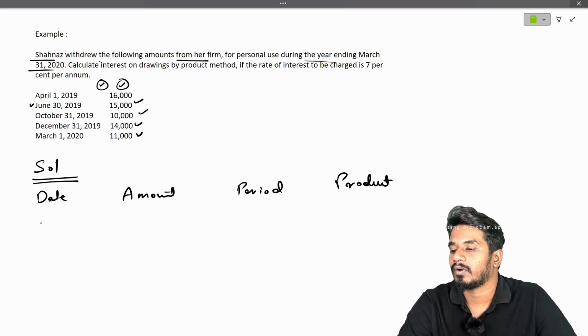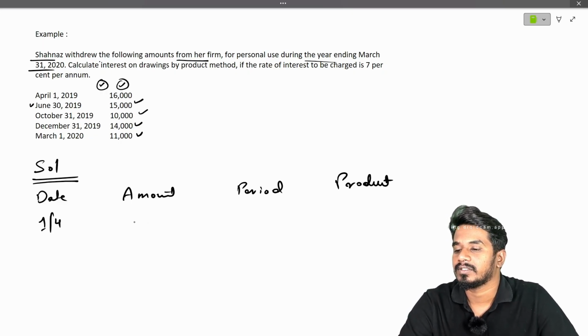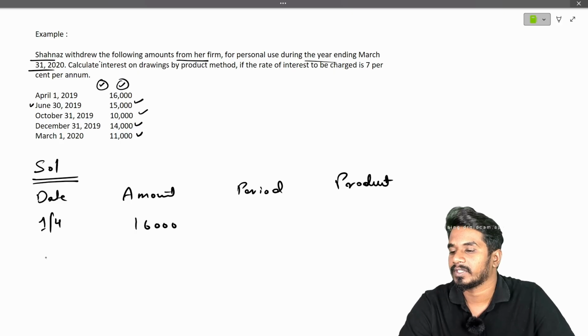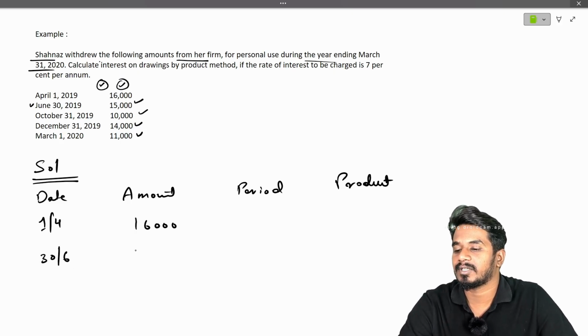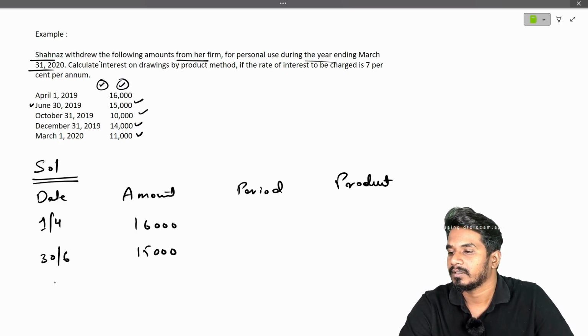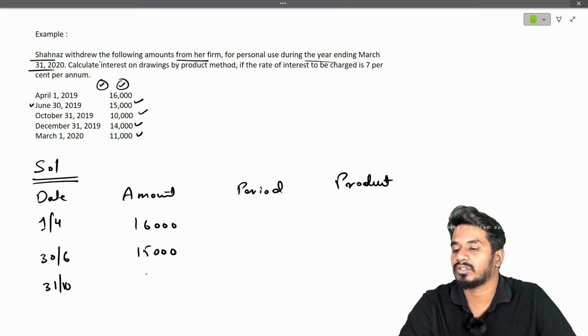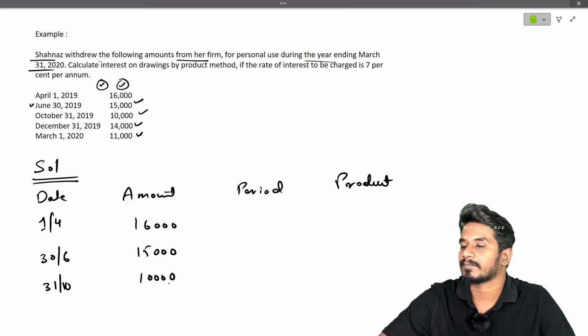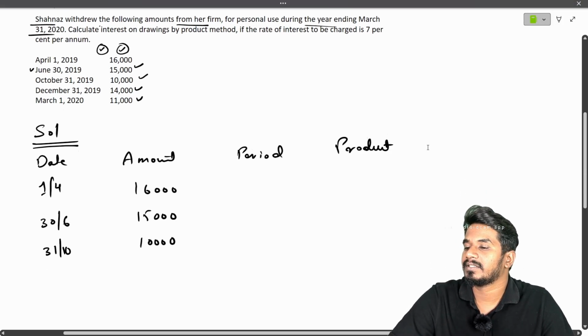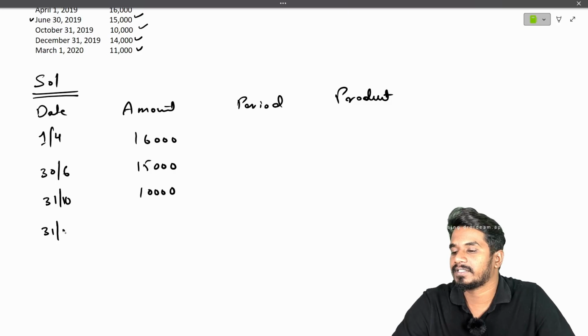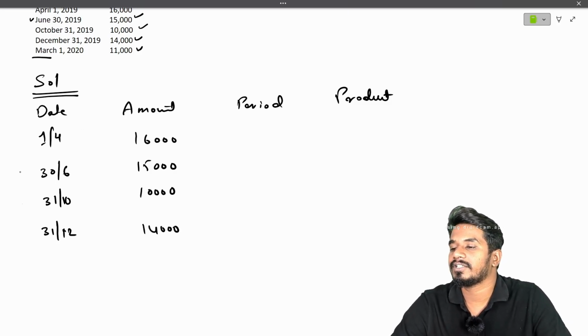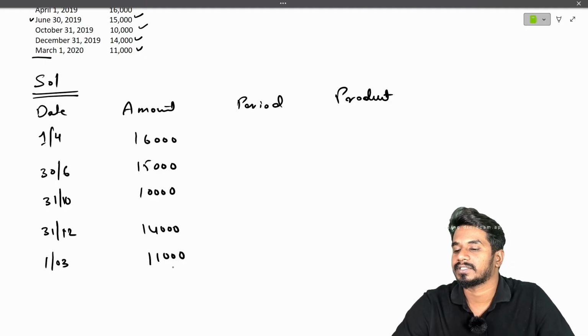On 1st April, she withdrew 16,000. On 30th June, that is the 6th month, 15,000. On 31st October, she withdrew 10,000 rupees. On December 31st, she withdrew 14,000 rupees. And on 1st March, 11,000.